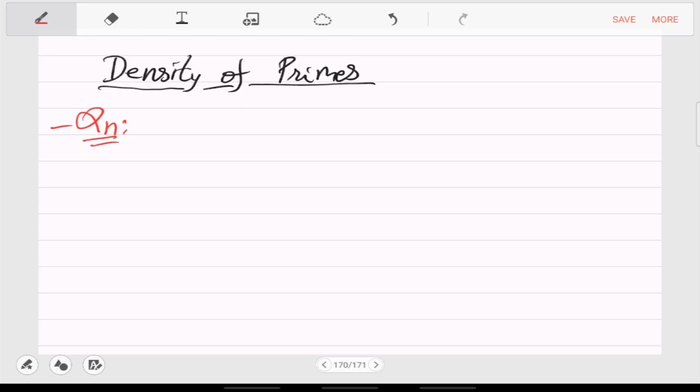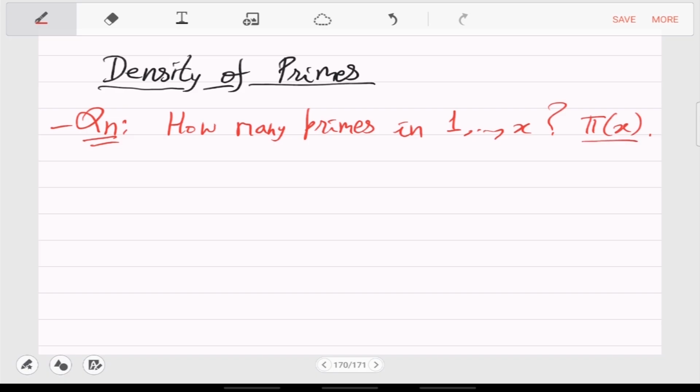So the question that appears is how many primes are there? You are interested in this function pi of x, let's call that. Pi of x counts the number of primes between 1 and x, or primes which are less than or equal to x and positive. So that's the density function for prime numbers.